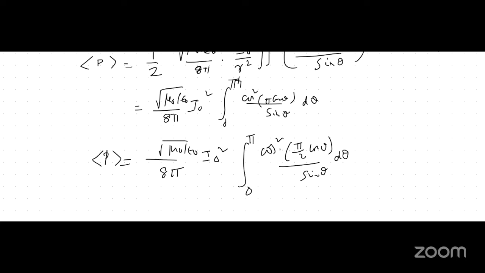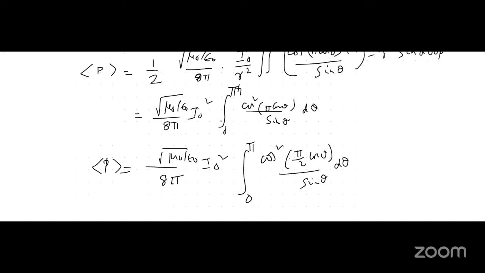This is the equation: root of mu naught by epsilon naught by 8 pi into I naught square, integration 0 to pi of cos square of pi cos theta by sin theta into d theta. Similarly, we have the total power radiated by the half wave antenna, which is equal to root of mu naught by epsilon naught, 8 pi, I naught square, integration from 0 to pi of cos square of pi by 2 cos theta by sin theta into d theta.